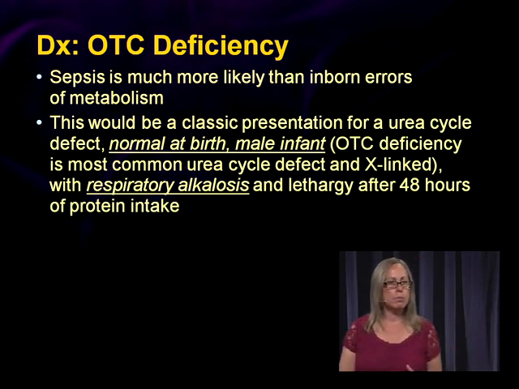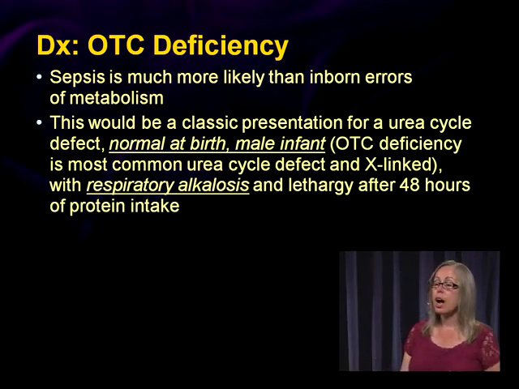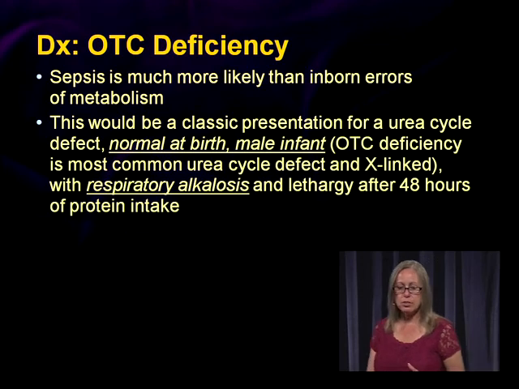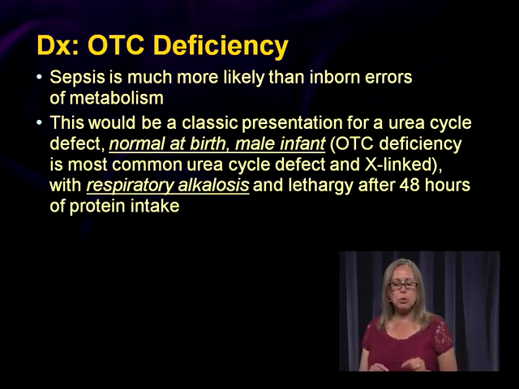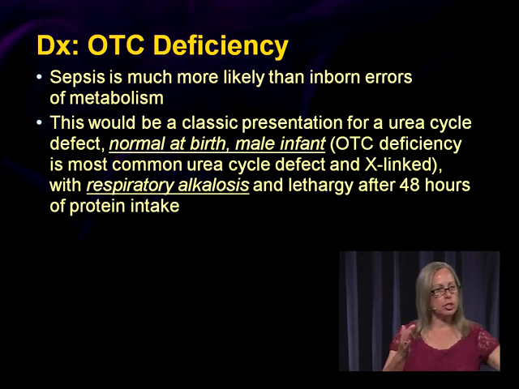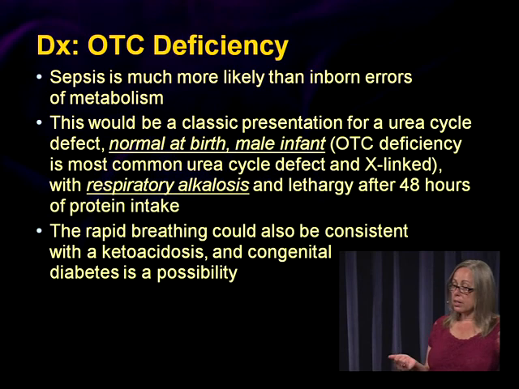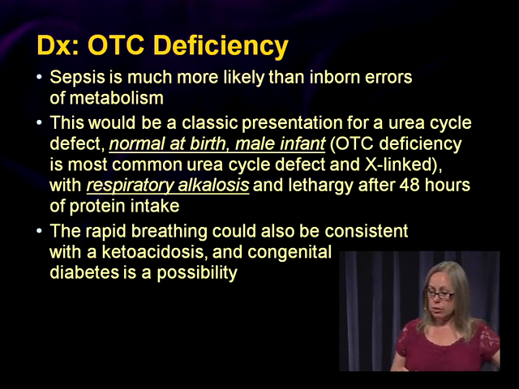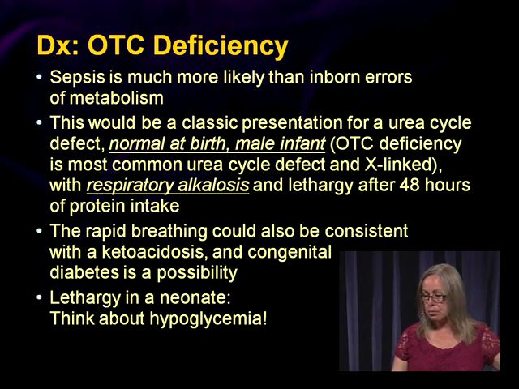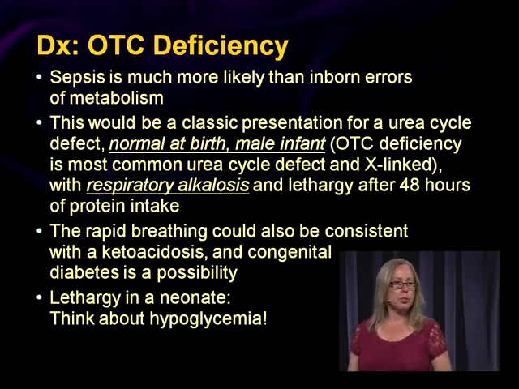Male infant raises the red flag for OTC because it's X-linked, and it's the most common out of all of the urea cycle defects, and it has a respiratory alkalosis and lethargy after 48 hours of protein intake. So it looked good, and now is crashing. Rapid breathing can also be consistent with a ketoacidosis, and congenital diabetes is also a possibility. Any lethargy in a neonate, you have to consider hypoglycemia, so you're always pulling a blood sugar.